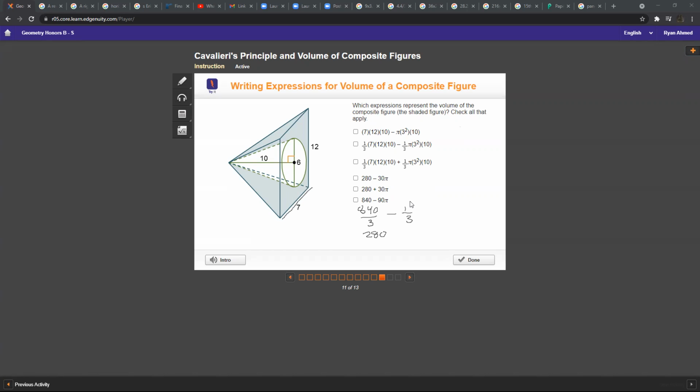So then how do we use that information to get the volume of the cone? We will do 3 squared. Times, what's the height? What's the 7? So 3 squared times 7. And then will we add or subtract it? Well, don't forget the pi. We want to make sure we have pi in there too.